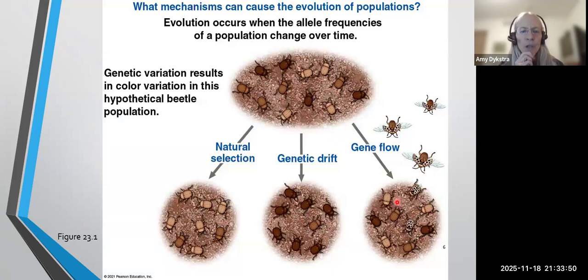But first, let me just show you this illustration of the three mechanisms that can cause change in allele frequencies over time. The first one is natural selection. So if we look at these hypothetical beetles, some of them blend in better with their background. So these lightest ones blend in best with their background.